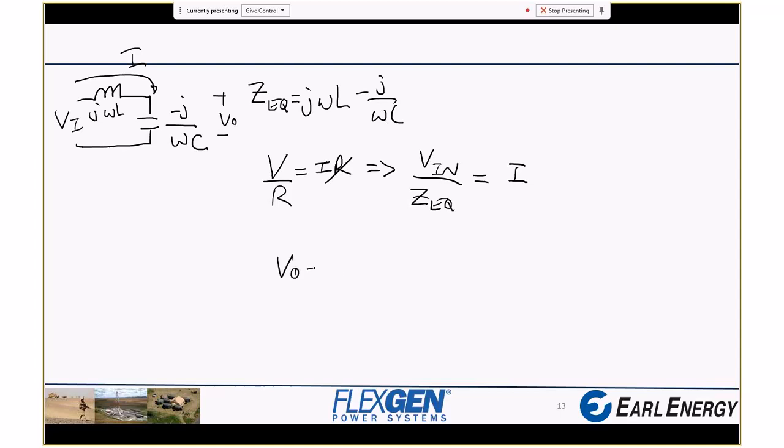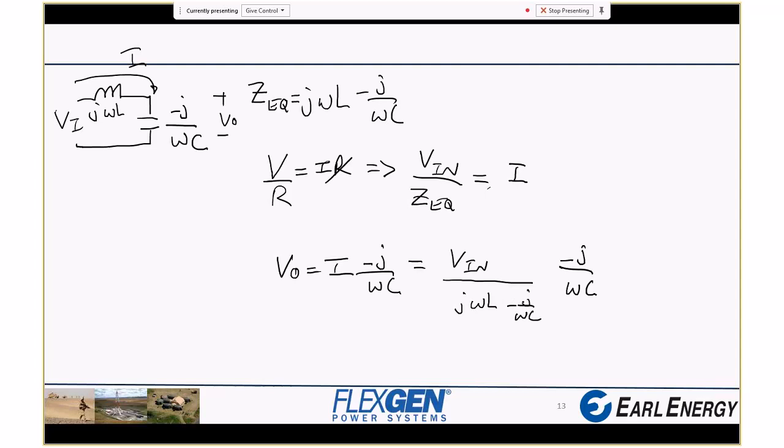V out equals that same current times the impedance of the capacitor. Let's substitute in. We have I defined by this, so that gives us V in over j omega L minus j over omega C, times minus j over omega C. So that's what V out is.